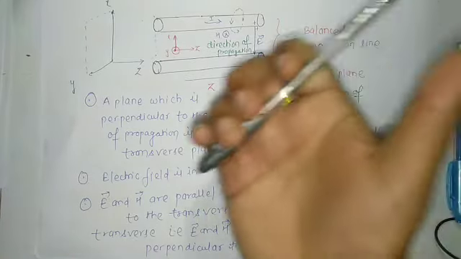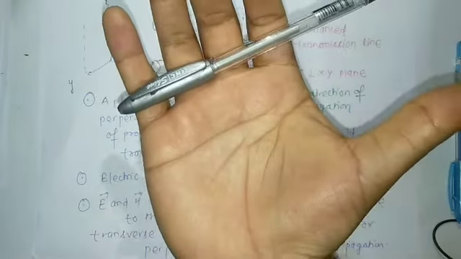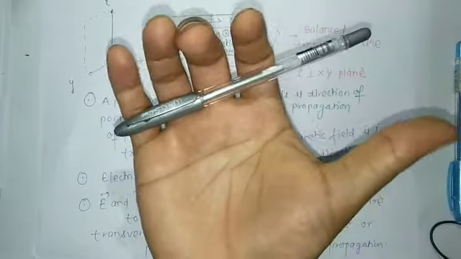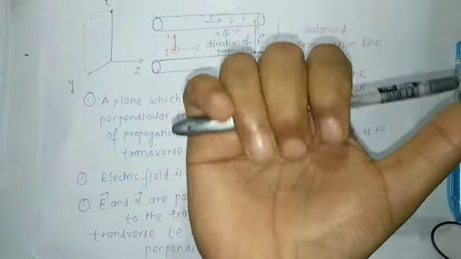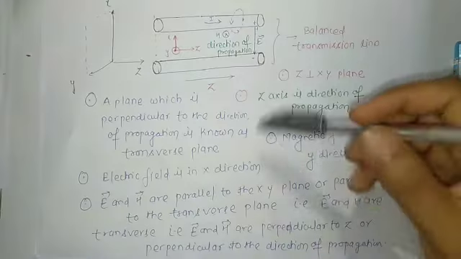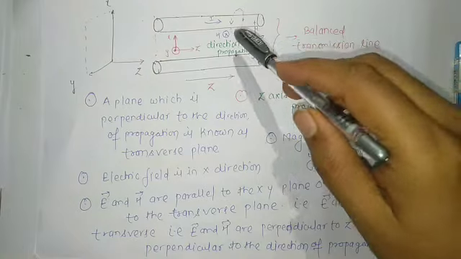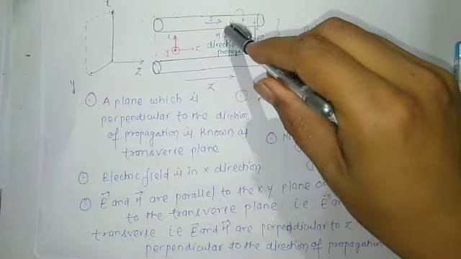Okay, current is going like that. If this thumb represents the direction of current and this is your conductor, wrap your fingers. So this is the direction of the magnetic field. By looking at this figure, we can say the direction of the magnetic field is in the y direction.